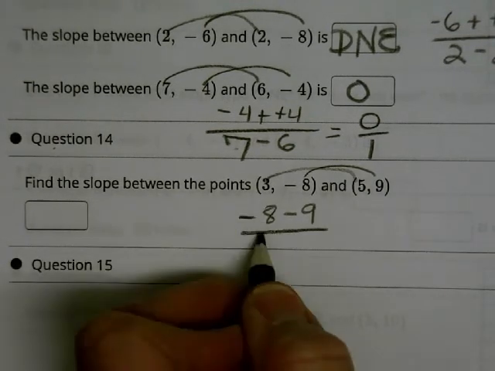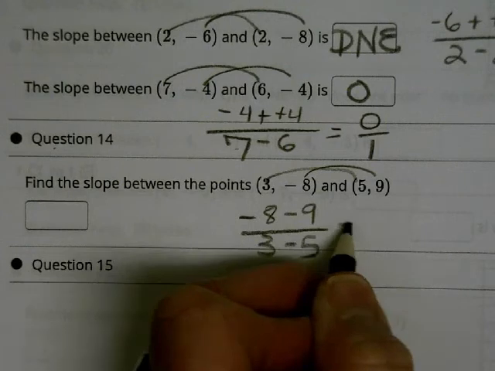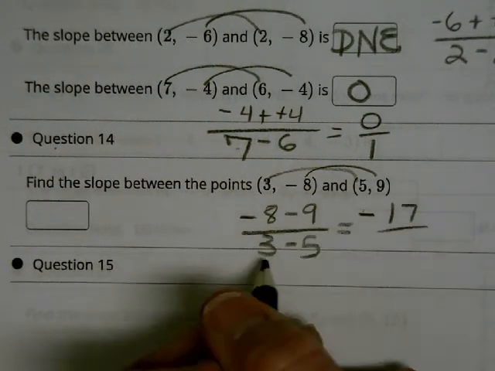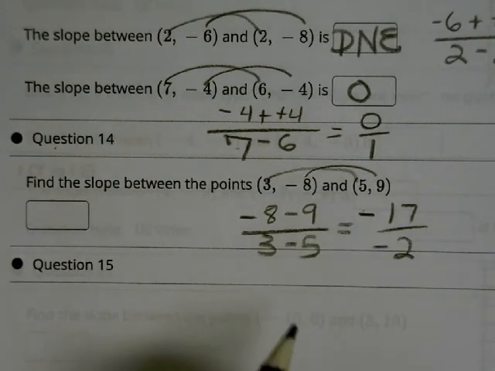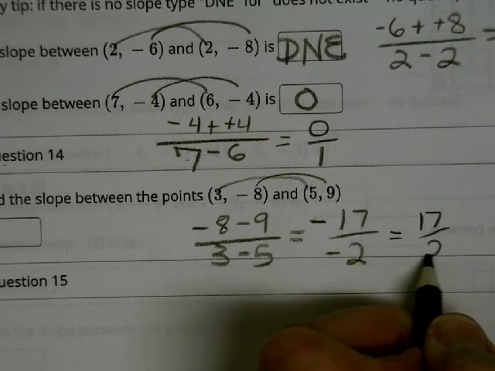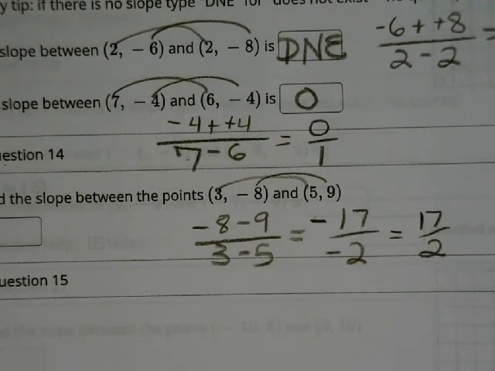-8 minus 9 over 3 minus 5. If in doubt, reduce it. You put that as a fraction in the calculator, you get a positive 17 halves. Okay?